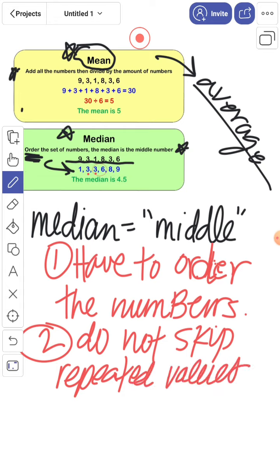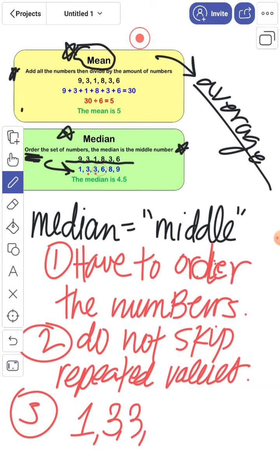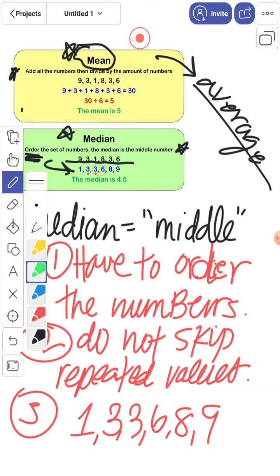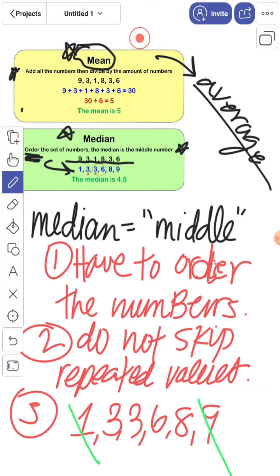Okay. The third tricky part about median is, right now you have 1, 3, 3, 6, 8, and 9. What I like to tell people when they figure out the middle number is, you start here and then you cross on the other end.